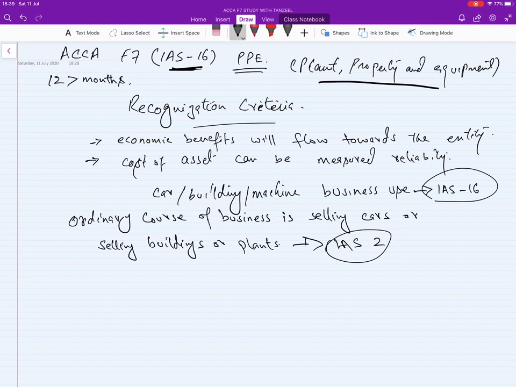If I say capitalize this, it means we consider it as an asset and apply IAS 16. And if I say do not capitalize it, it means just expense it out, and you take it to your profit and loss.